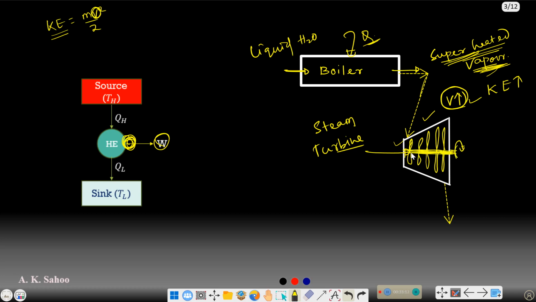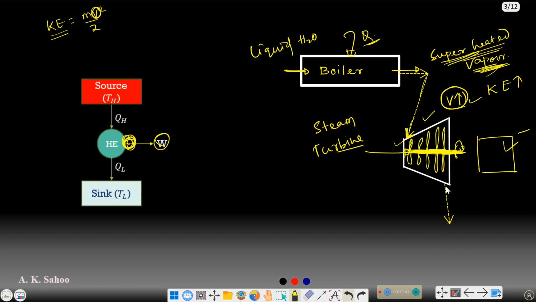We want this shaft to rotate, and if it rotates, then we have got mechanical power. Ultimately I'll be connecting this shaft with a generator, and this generator will be producing electricity. Now, the steam which has come to this device, the steam turbine.